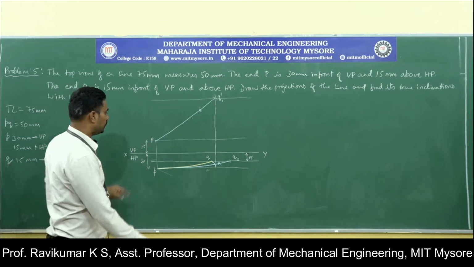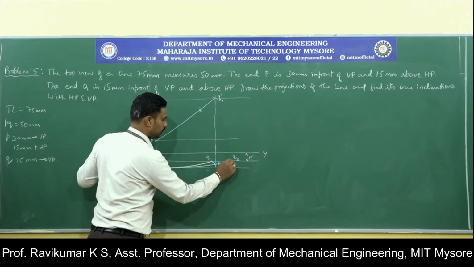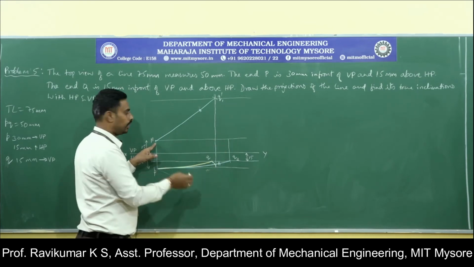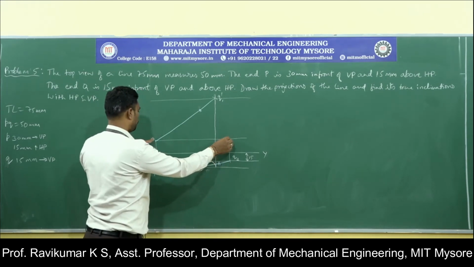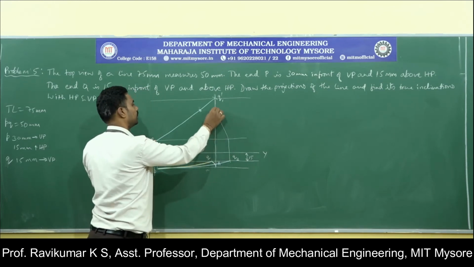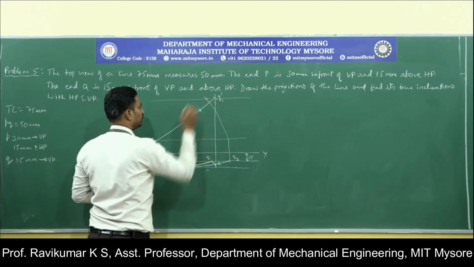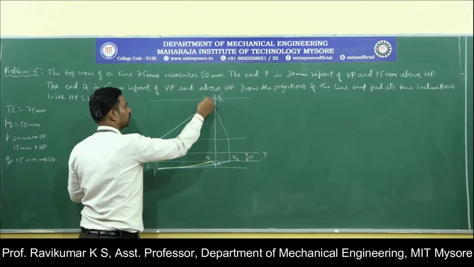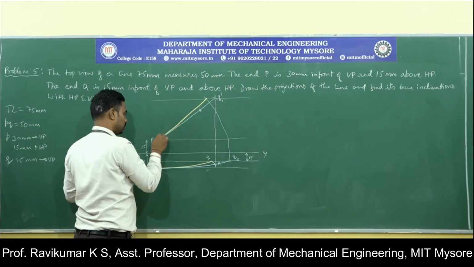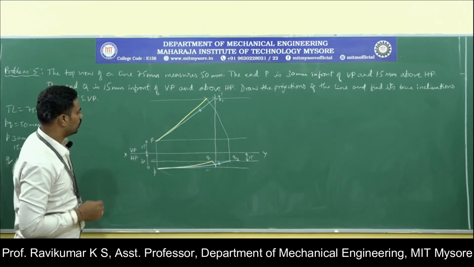How to get the apparent length? So just project the true length onto the locus of point P dash in the front view, and from here take P dash as center and this as radius. You just rotate it back, make an arc, you will get the point wherever the arc cuts the locus. Here it is the apparent length. Okay, so this is how you need to solve the problem.